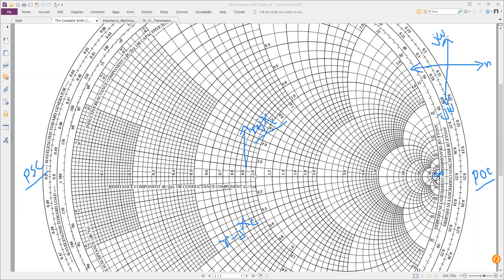Upper part inductive load, lower part capacitive load. In the upper part you have to show the inductive load, in the lower part you have to show the capacitive load. Okay.